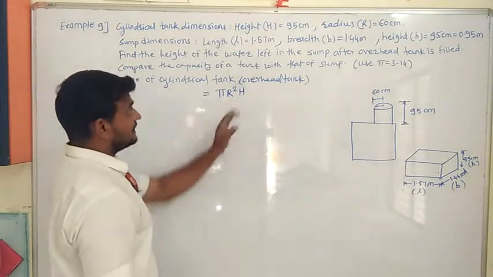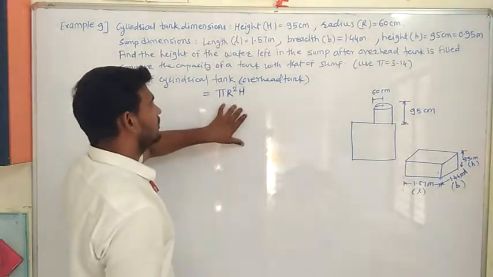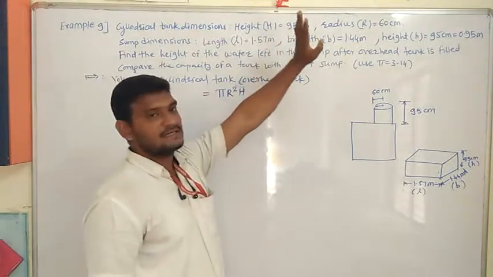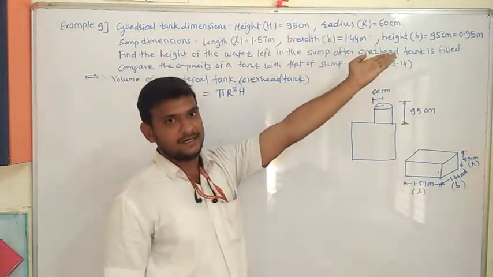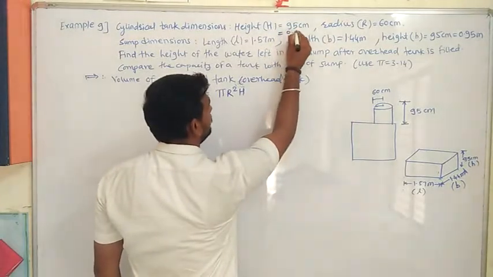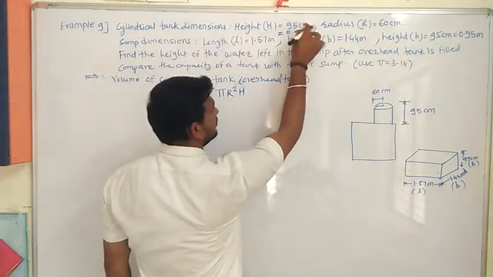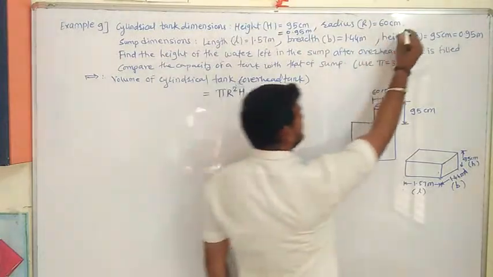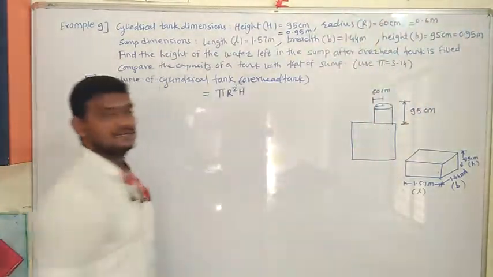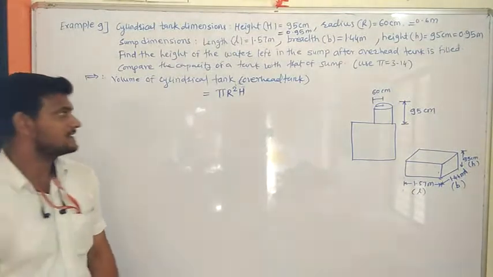Now we need to convert all these things into meters, because here centimeters are given. 95 centimeter is nothing but 0.95 meter, and 60 centimeter is nothing but 0.6 meter.